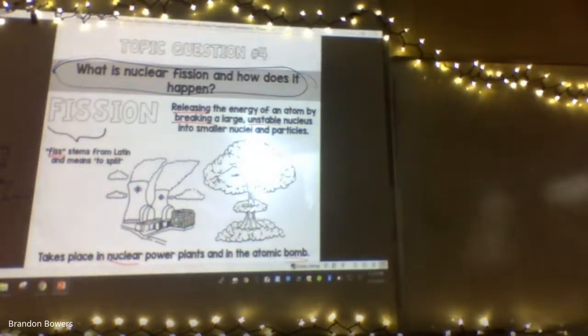Instead of fission, what do you think the hydrogen bomb uses? Fusion. They use fusion. Now it's wild because the hydrogen bomb is about, I think the number I read was, 230 times the atomic bomb. Think about that. 230 times the atomic bomb.